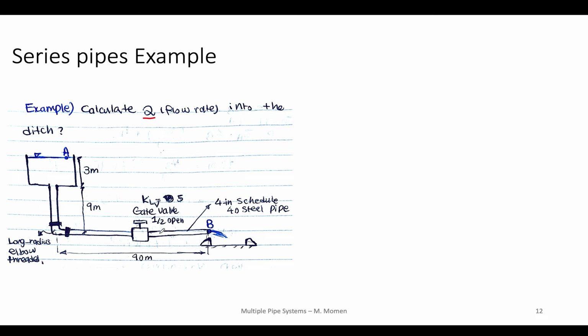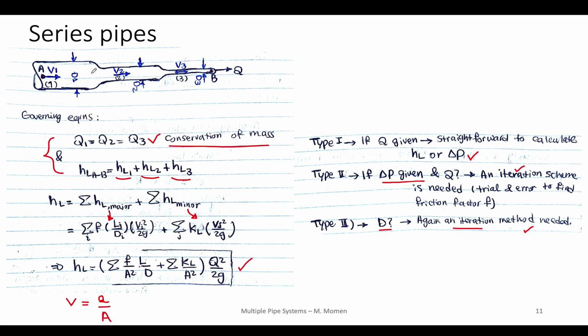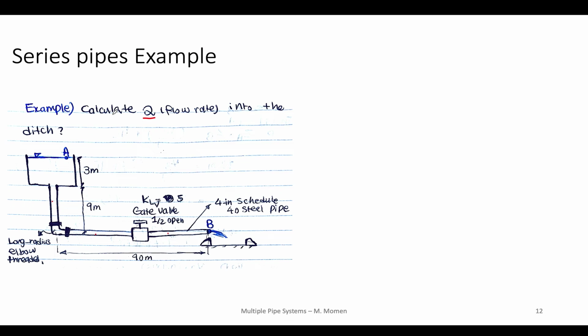I just want to note that in a more difficult problem, these three pipes can have different pipe diameters, as we saw here, right? But this example is a simple one where we have the same pipe diameter, which is 4 inch.